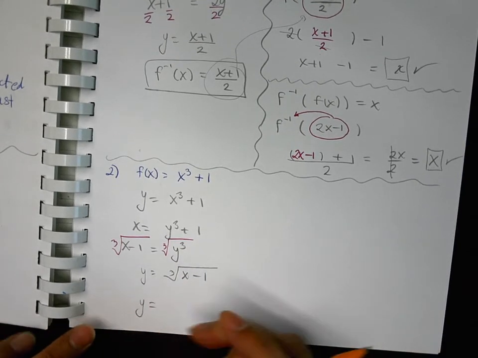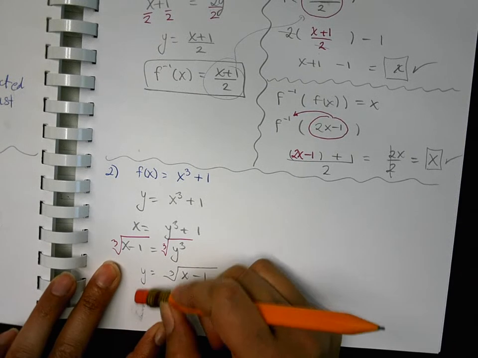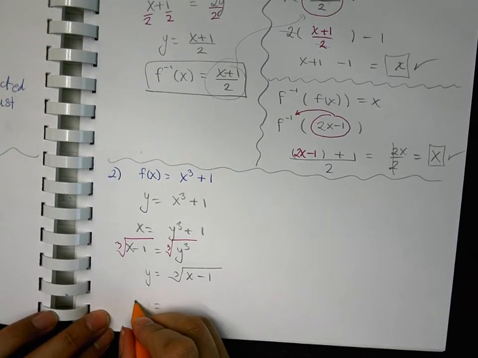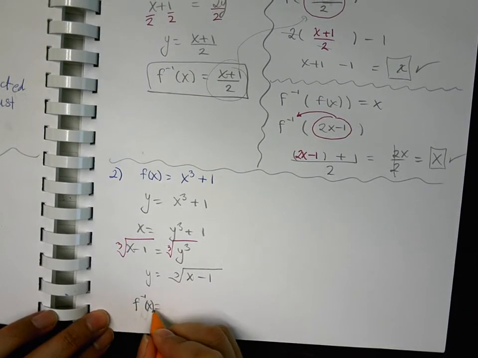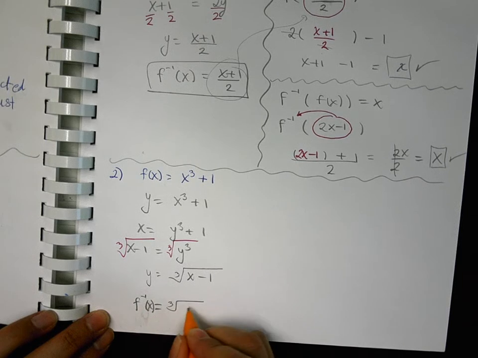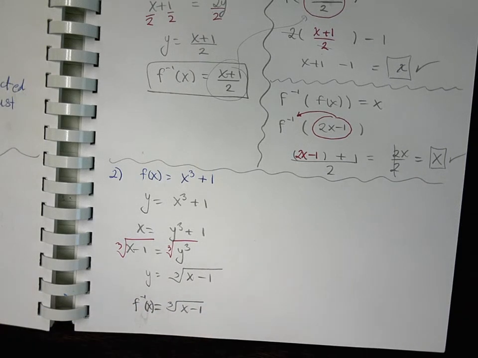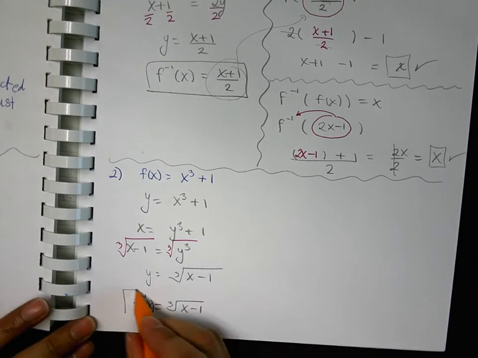And so what am I going to put instead of y? F inverse of x equals the cube root of x minus 1. Do you remember what the cube root of x minus 1 looks like? It was the one like this? The Egyptian one, correct. Good job.